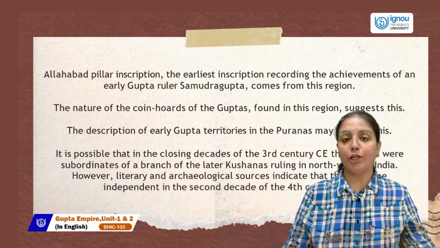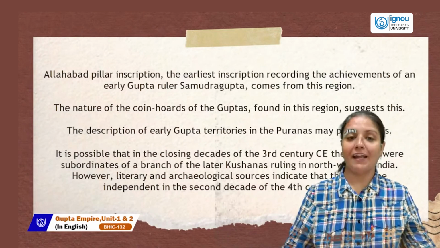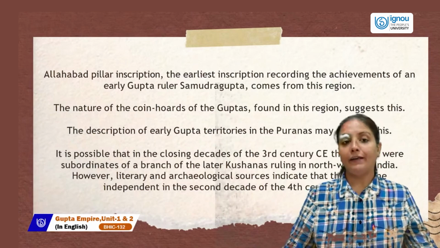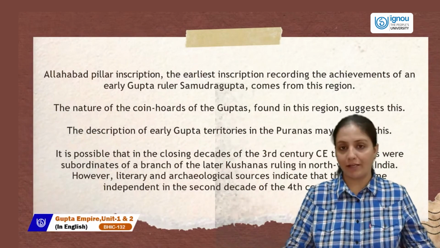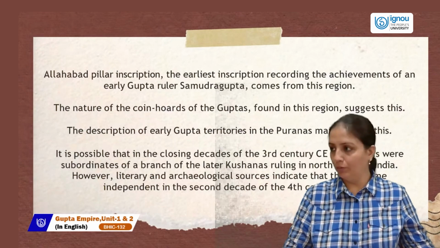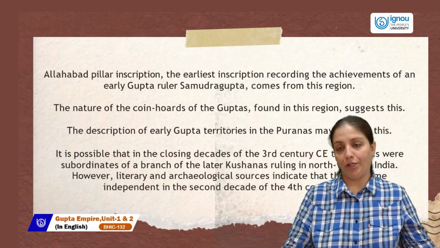What was the use of that court poet? He wrote important descriptions about his ruler. Samudragupta was the famous ruler of that period, and Harisena wrote a lot of things about him. Our king is just like a god; Samudragupta is just like a god. The king is the mediator between the subjects and God.